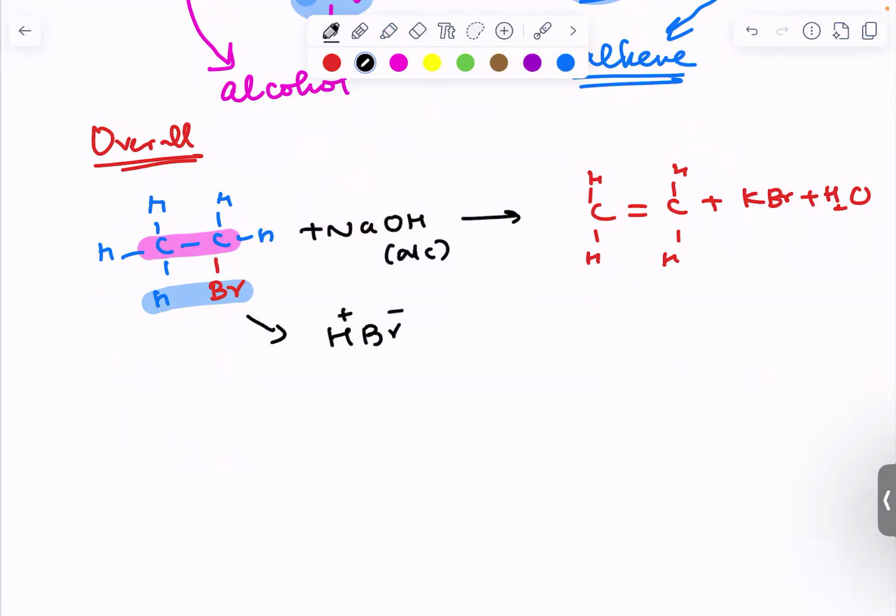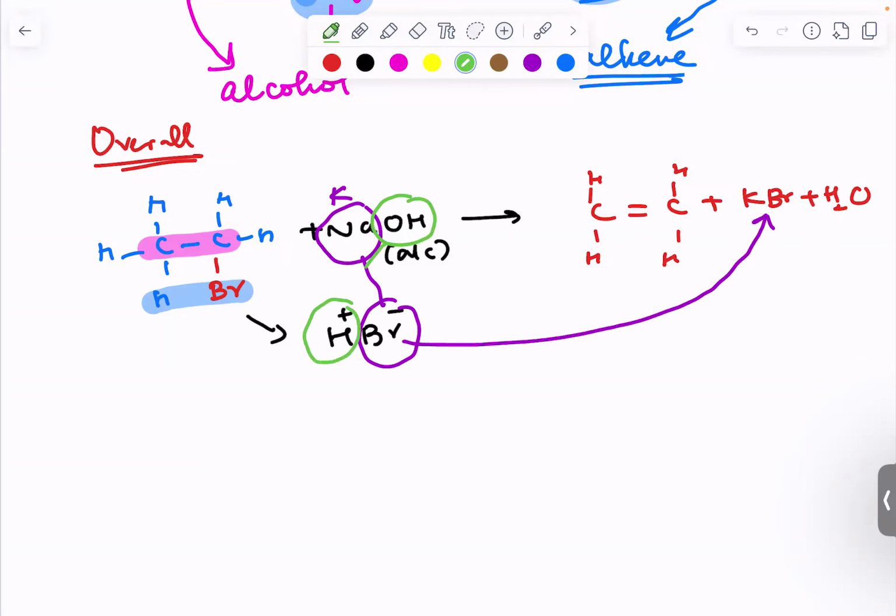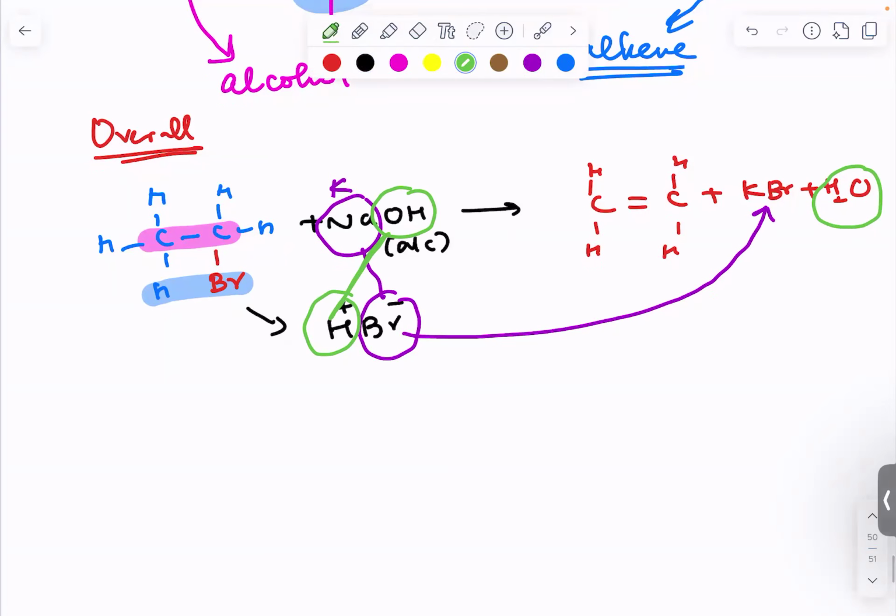This Na will combine with this Br to form NaBr or KBr, and this OH will combine with this H to form water. Does it make sense? I have tried my level best to make it as easy as possible. So this is the overall reaction, and we need to do the mechanism of the reaction.